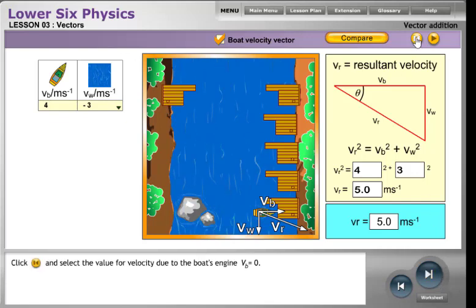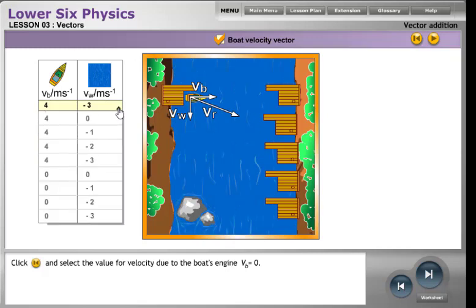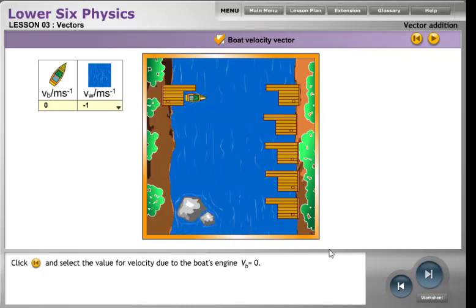Click Reset button and select the value for velocity due to the boat's engine, Vb equals 0. Select Vectors button and click Play to start the boat.